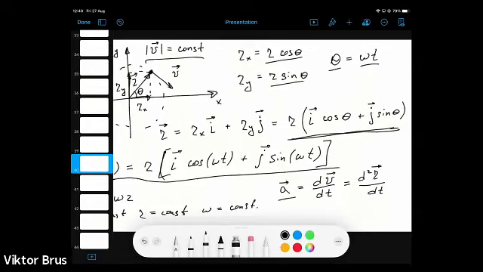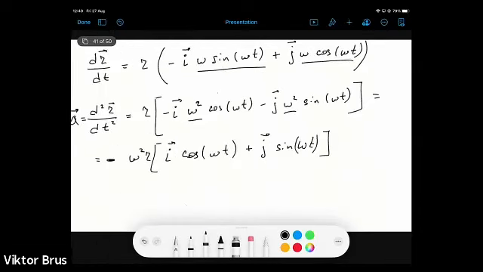So if we go here, what do we see? We see that this is nothing else than our position vector. Means that the acceleration vector is equal to minus omega square times the position vector.